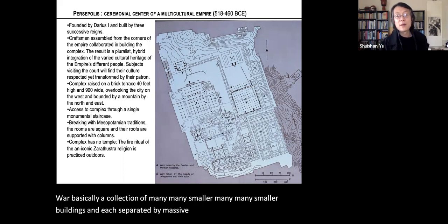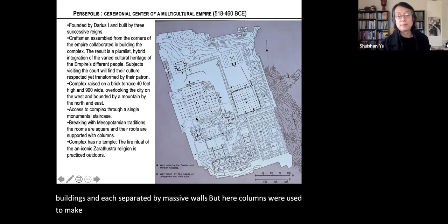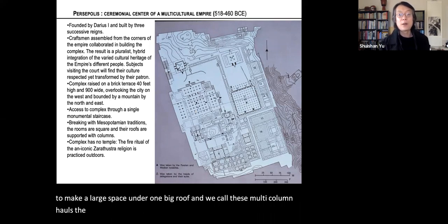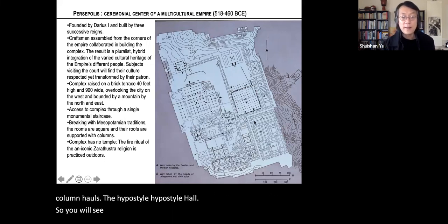But here, columns were used to make a large space under one big roof, and we call these multi-column halls the hypostyle hall. So you will see the term later, not only here but also in future lectures.